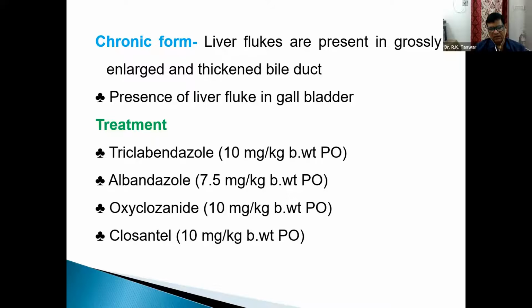This is the only drug which is effective against both. Otherwise, oxyclozanide is very effective against mature worms, so it is to be repeated after 15 days or 1 month, so that the larval stage becomes mature. Otherwise, you can use albendazole, closantel. As far as drug of choice is concerned, triclabendazole and oxyclozanide are the two drugs. For trematode or nematode, ivermectin will not take care of your liver fluke. Keep it in mind.